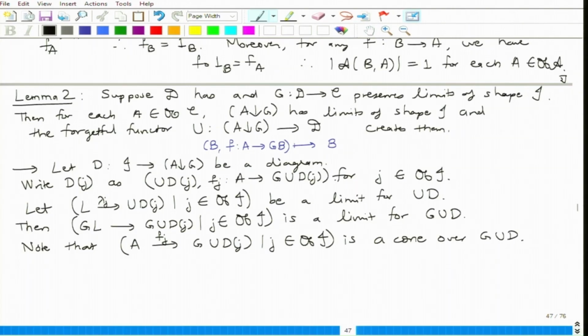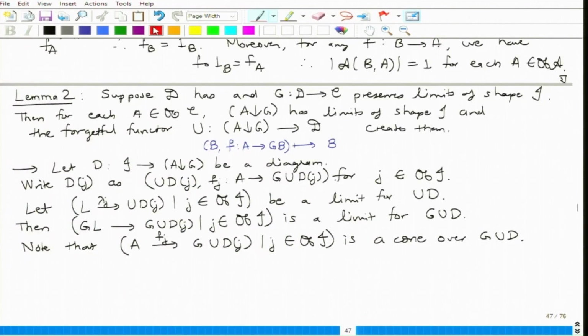Do you agree with that? How do you verify that something is a cone? It has to commute for every morphism in the shape category. Then you will take Fj1 and Fj2 and then GUD alpha. That diagram should commute. But that's already taken care of by the fact which is here.